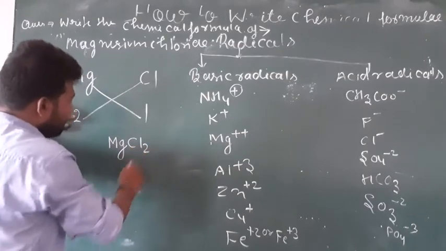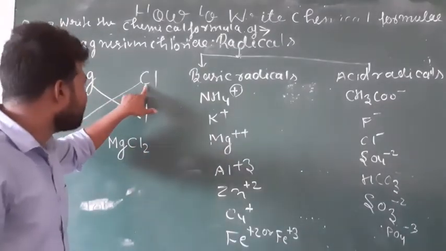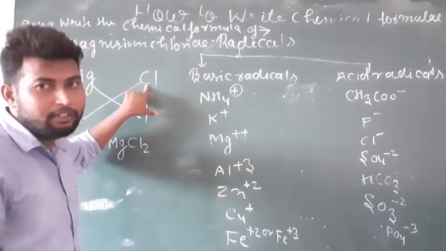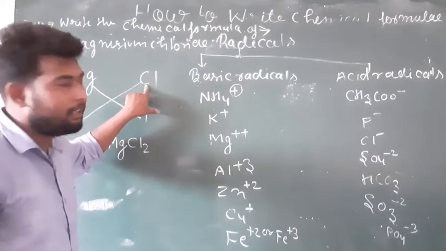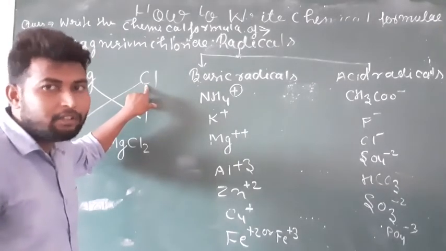And if you ask the question, sir, here chlorine valency is more than 1, why did you not write it with brackets? My dear, brackets are used when a group of atoms bears a positive or negative charge.